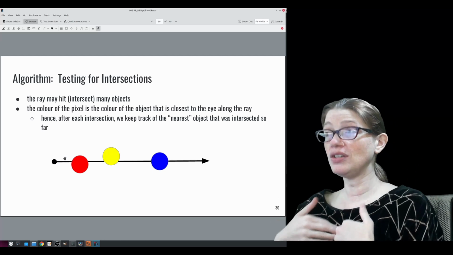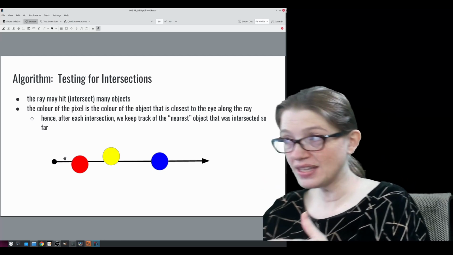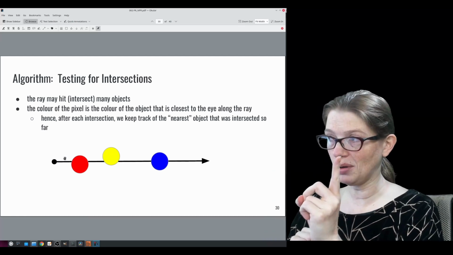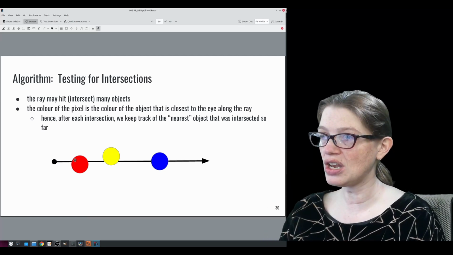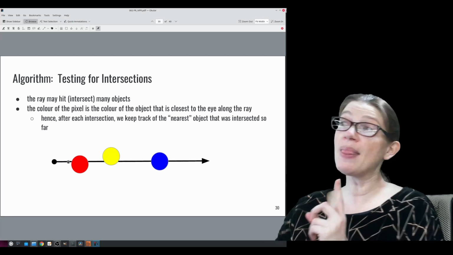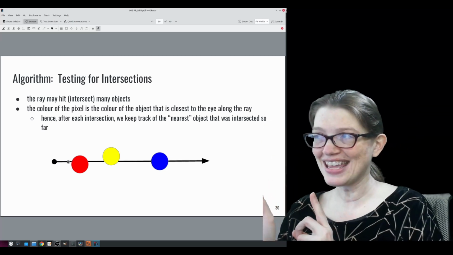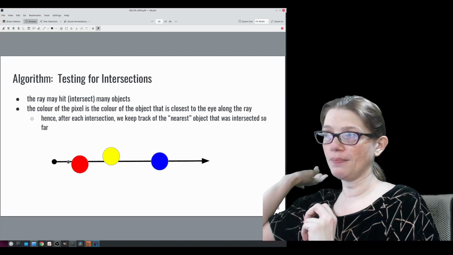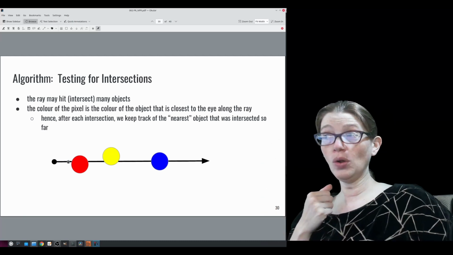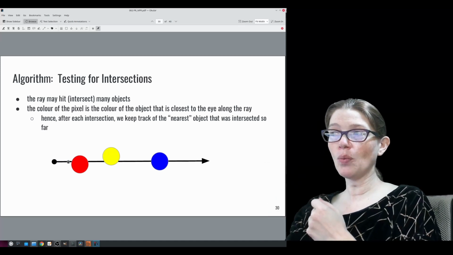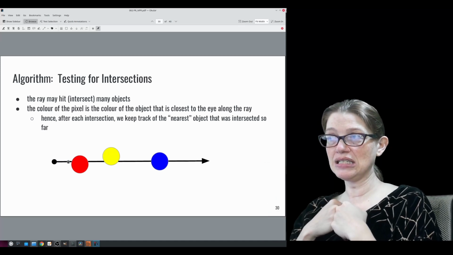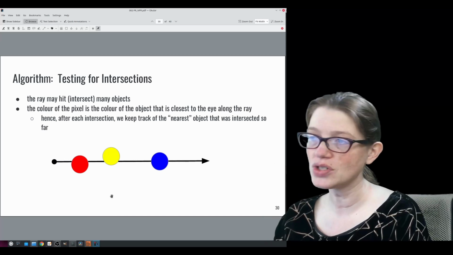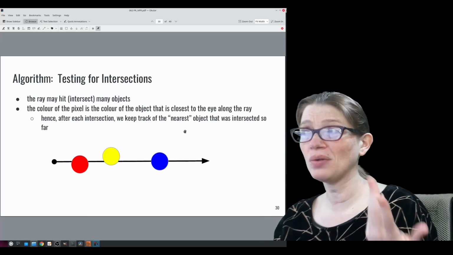So we collect all these intersections, and when I've got an intersection point at some position away from the camera and then I get another one, I ask, is it closer to the camera or further away? If it's further away, I throw it out. If it's closer, I throw the old one out. So we want to keep the one that is at minimum distance from the camera. We're keeping the nearest one and throwing out all of the others because they're hidden. We don't care.